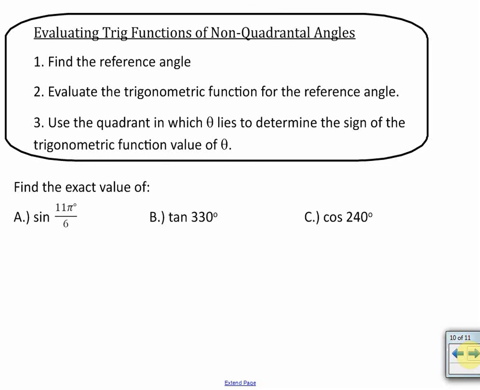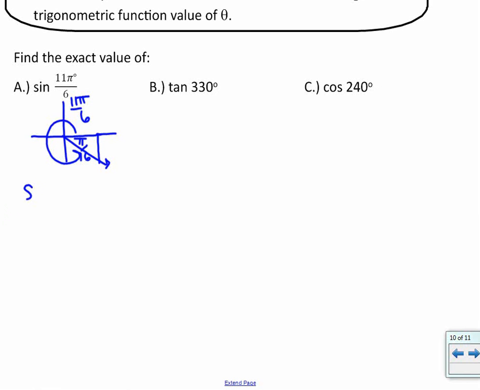So find the exact value of sine of 11 pi over 6. 11 pi over 6 is going to be in the fourth quadrant. My reference angle here would be pi over 6. So I want to find the sine of pi over 6.